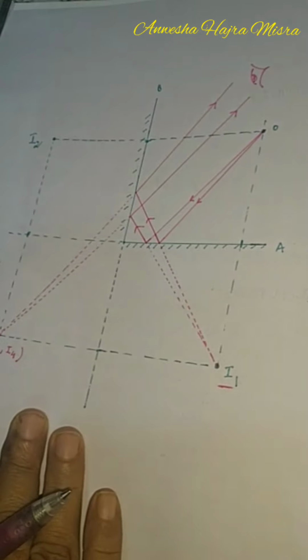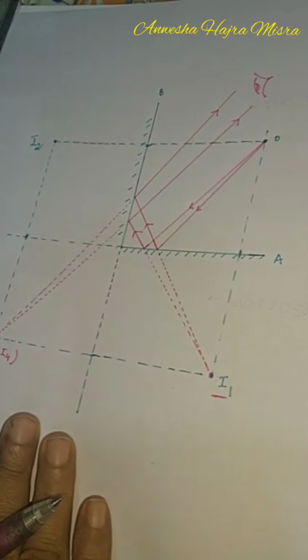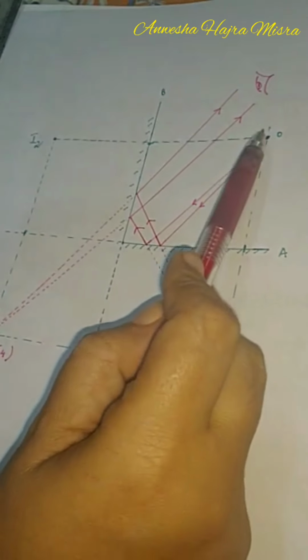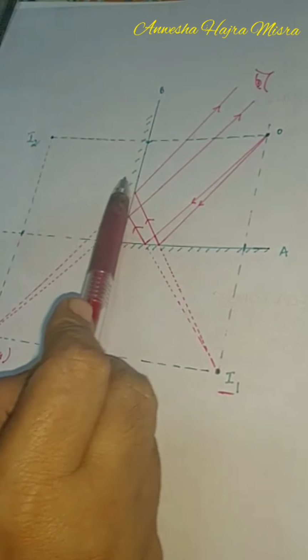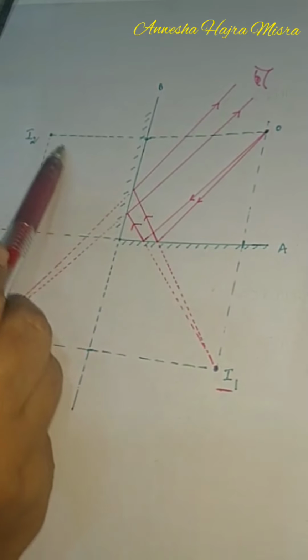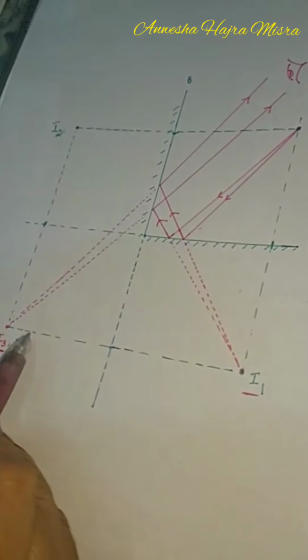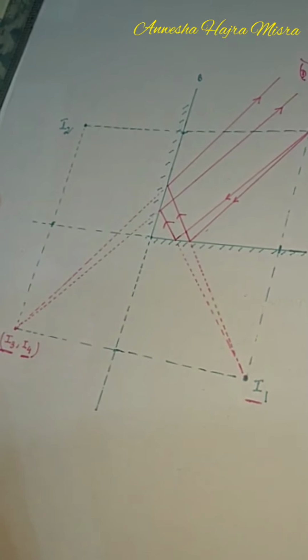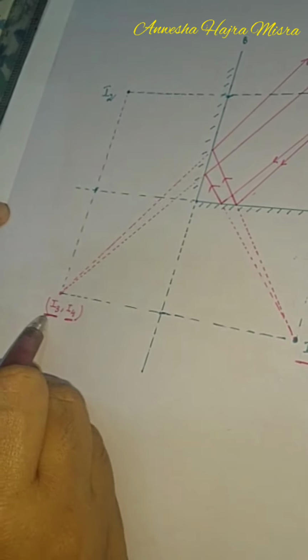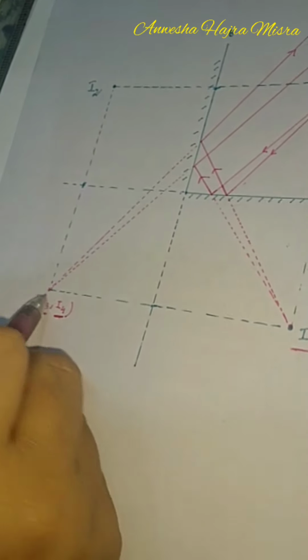Now children, it might also happen that light falls on this mirror first, gets reflected, forms I2, again gets reflected, and here you have the fourth image I4. Now I3 and I4, they coincide to form a single image.